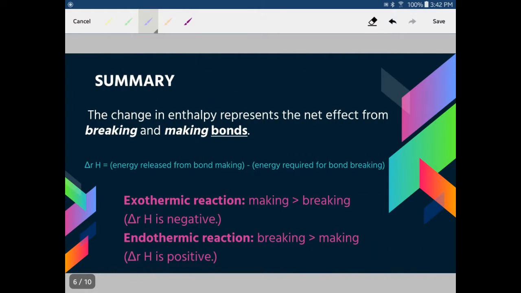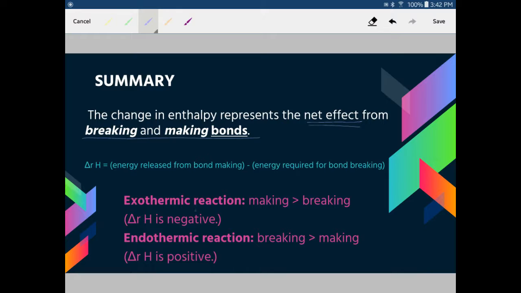So in summary, the change in enthalpy represents the net effect, overall, from breaking and making bonds. So our change in enthalpy is the energy released from bond making minus the energy required for bond breaking.